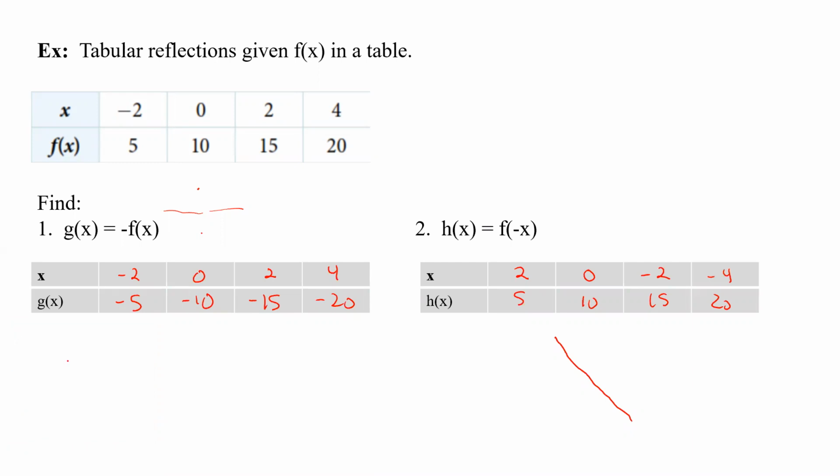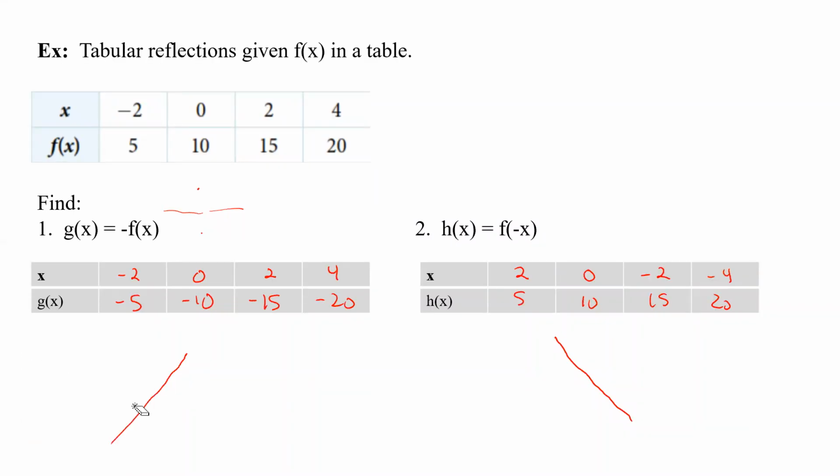Our x's stay the same. So we had -2, 5, and now we're going -2, -5. Yeah, I think that's right. So that's -2, -5. Okay. 0, 10, and then 2, 15, 2 negative. That one's not going to be right.